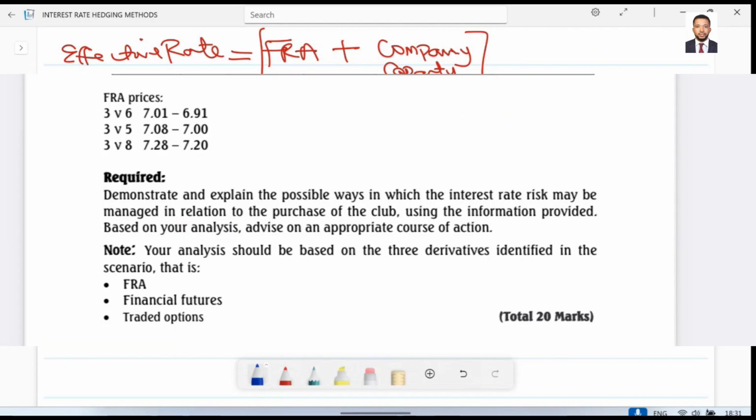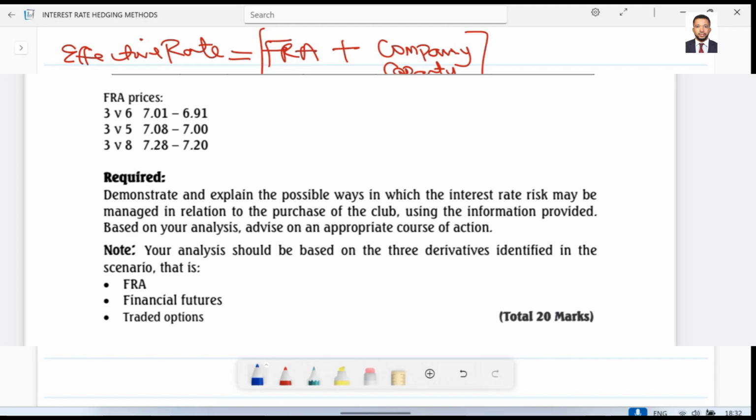Can we see FRA prices under the last table? The question told me the loan will be for 2 months. So the FRA prices, we have 3 versus 6, 3 versus 5, 3 versus 8. Now, from the information we have, tell me, what is the relevant FRA?